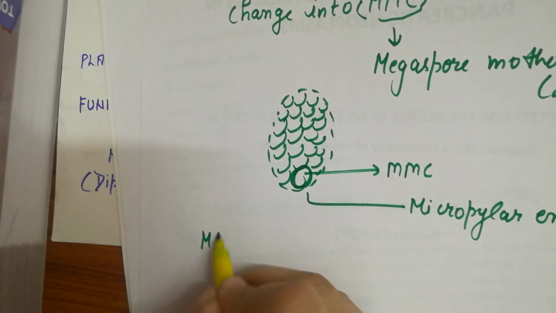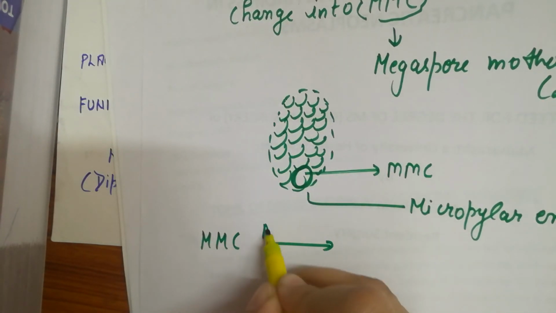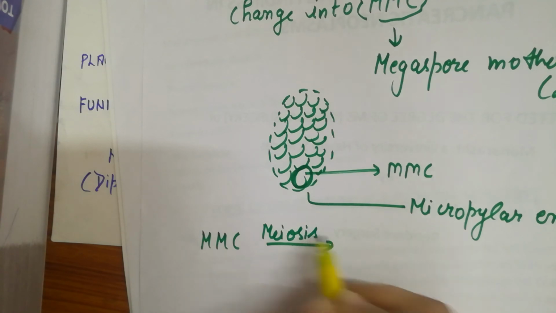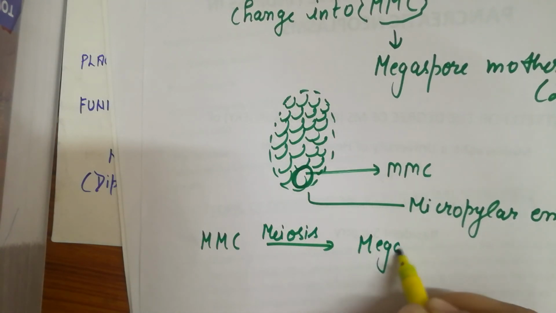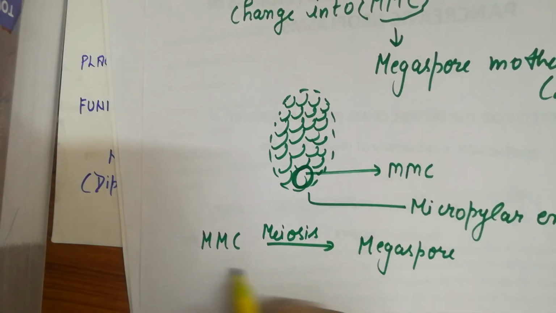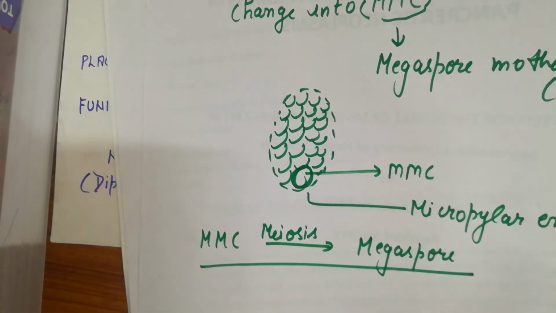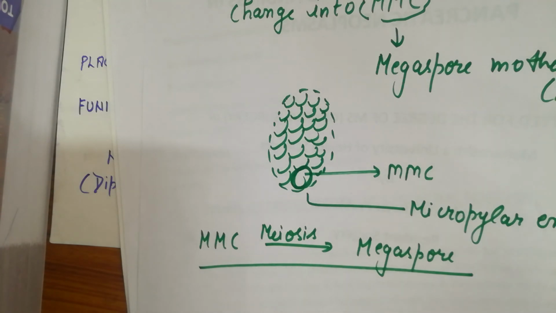And the MMC will undergo which division? Meiosis, and will produce megaspores. Clear? So that is today's video, the structure of the ovule. In my next video, I'm going to discuss the development of the female gametophyte.